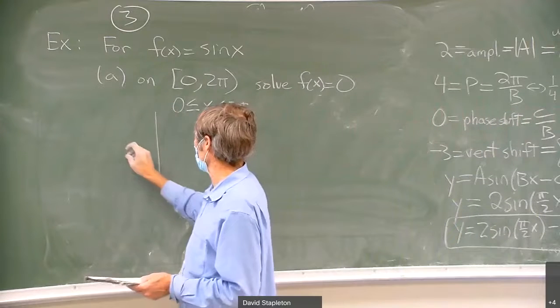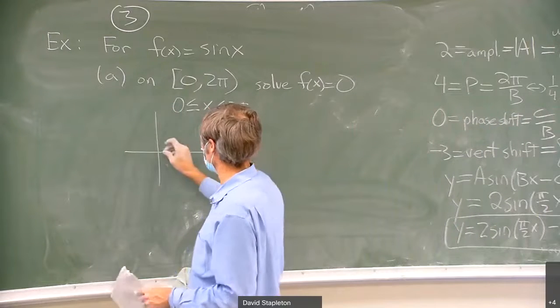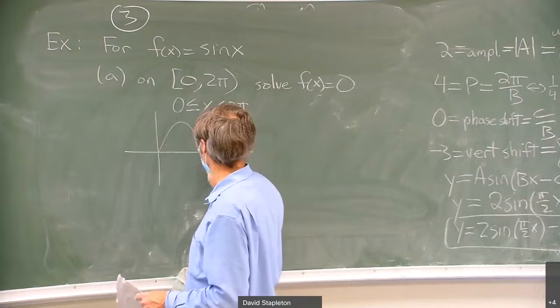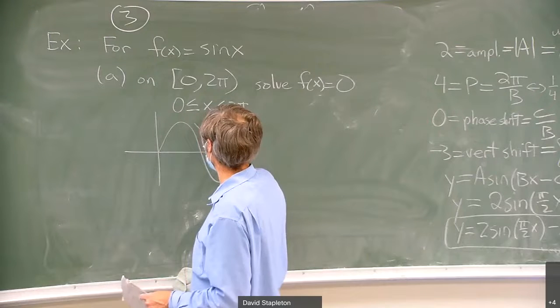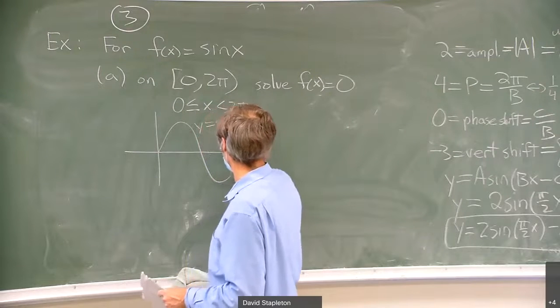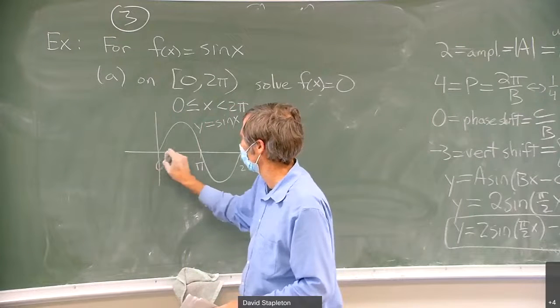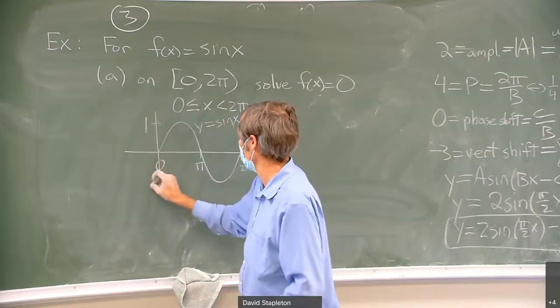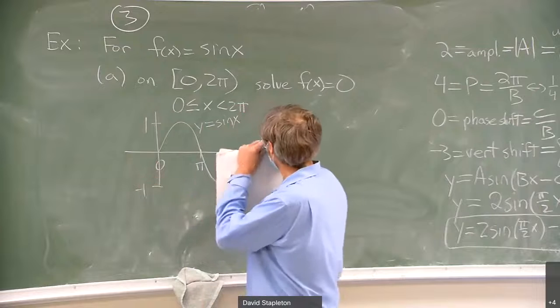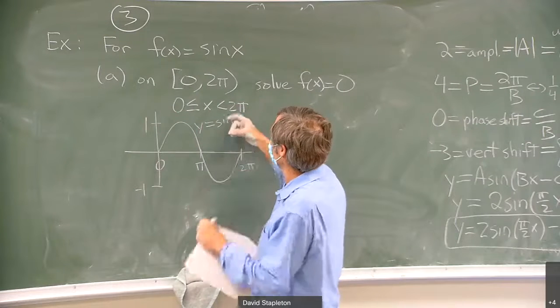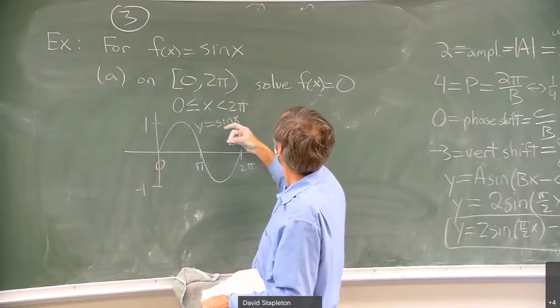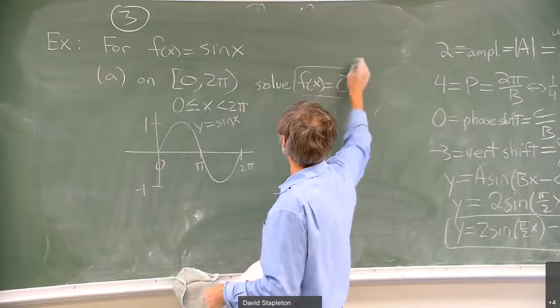You can do it on the unit circle, actually, and we're going to do that more in the future. But sometimes you just think, well, the graph looks like this, y equals sine x. I know its graph. It goes out here to 2 pi, and it crosses at pi halfway in between, and it goes up to 1 and down to -1. And so the question is, where is the sine function equal to 0?